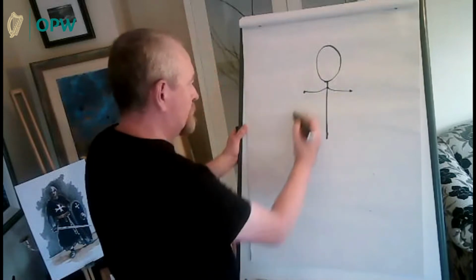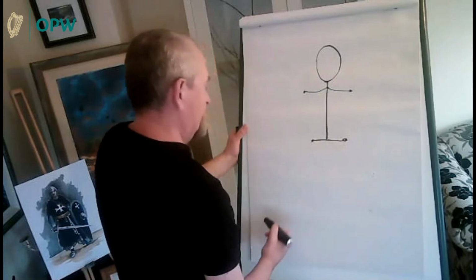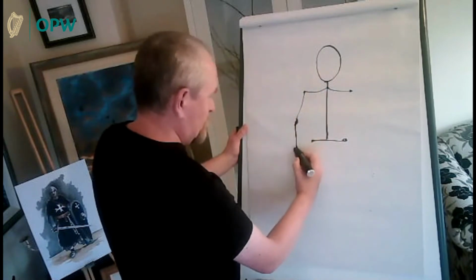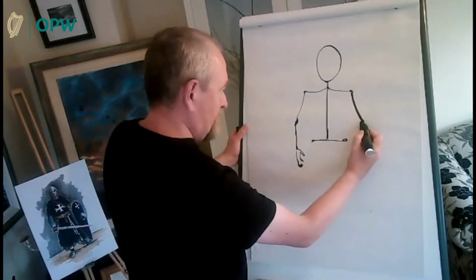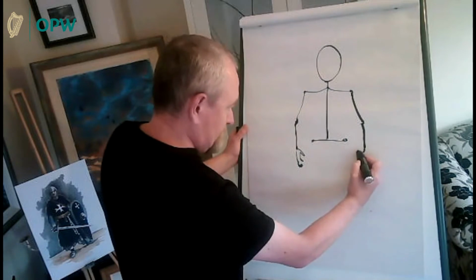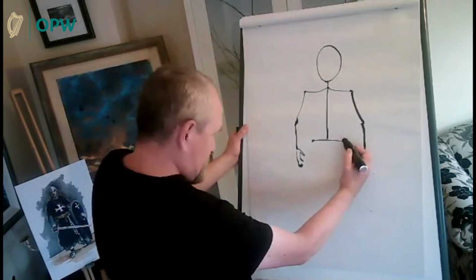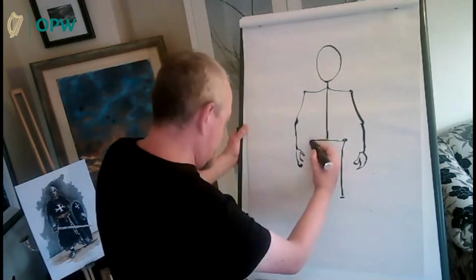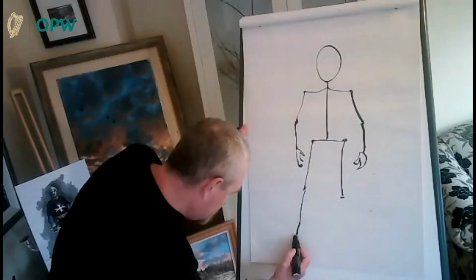So there's shoulders, we give them a hip joint, down to an elbow, hand, elbow, hand. From the hip, we'll go down to the knee, joints, joints, and down.